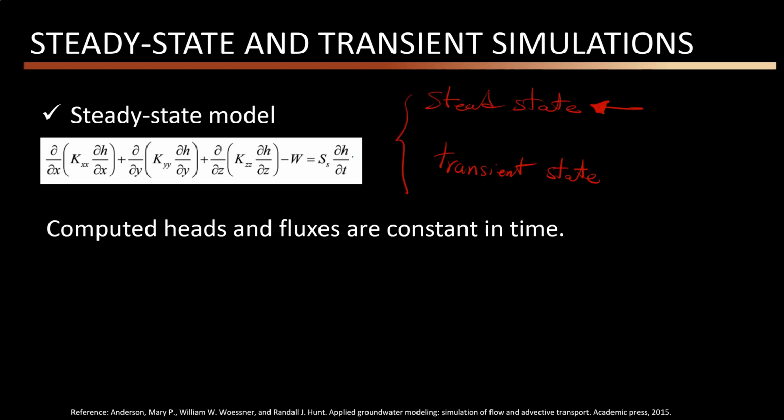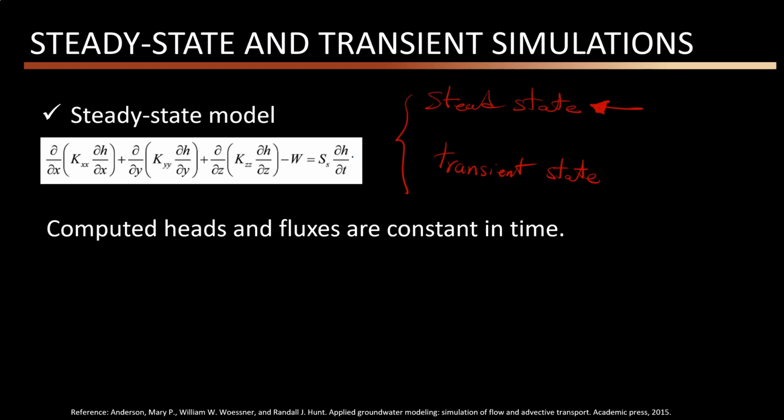But this is a decision that usually a modeler needs to make. You'll see that there are some approaches to decide if you, as a modeler, need a steady state model or a transient model.